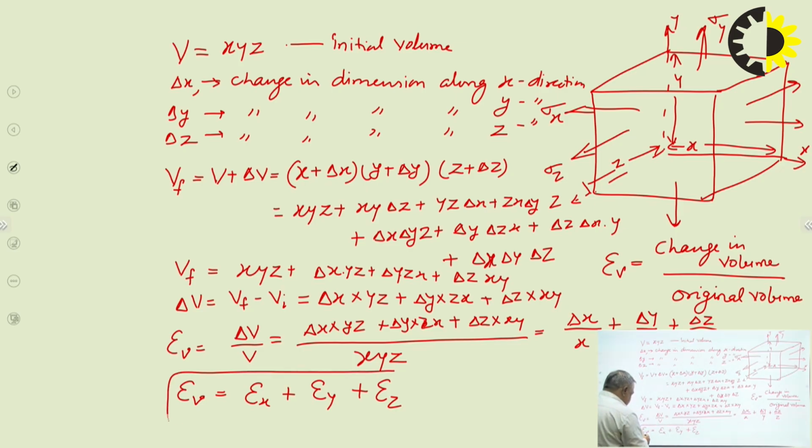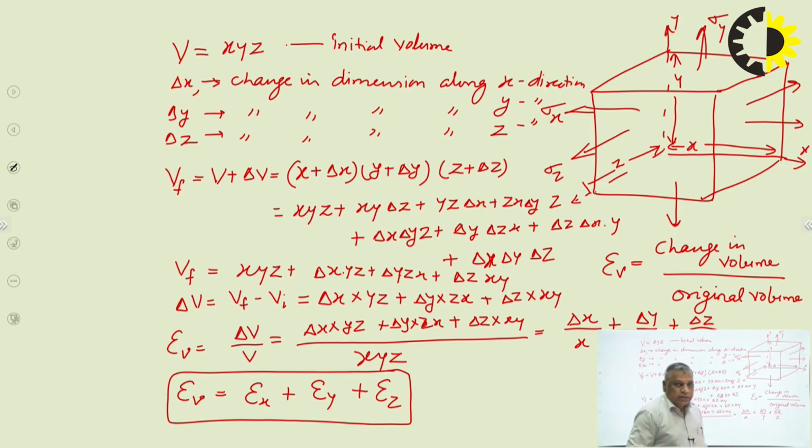And this relation I have used to establish the relationship between modulus of elasticity with Poisson ratio and the bulk modulus, that is E is equal to 3K (1 minus 2 nu).